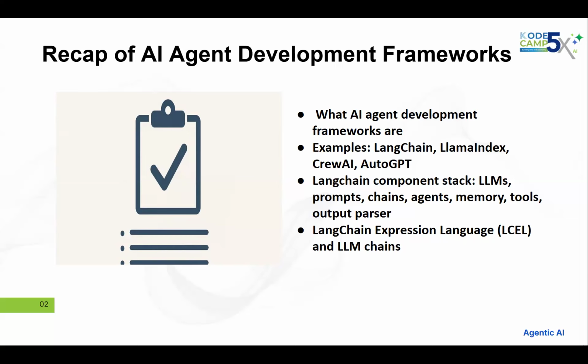Okay, well, you are basically correct. It's just an overview. One very important thing that we tried to touch on last week was the LangChain expression language and LLM chains. And I would encourage everyone to just play around with building different chains.